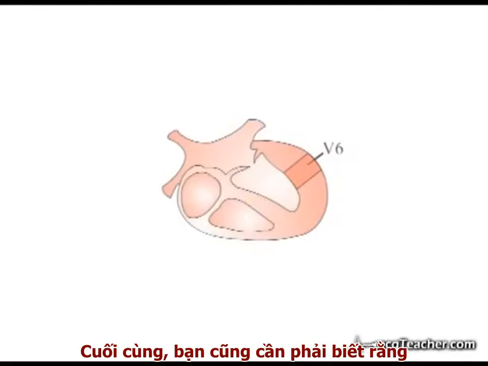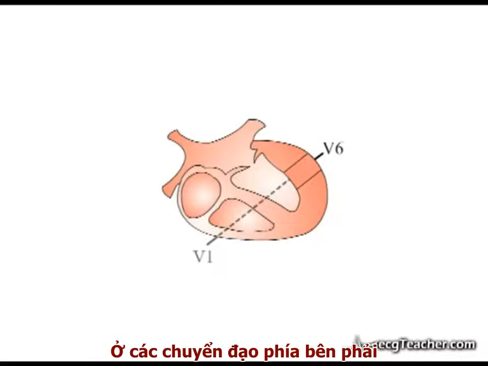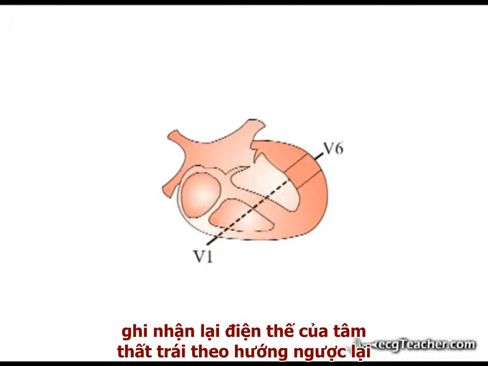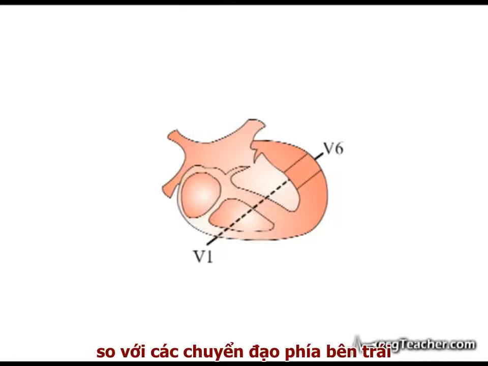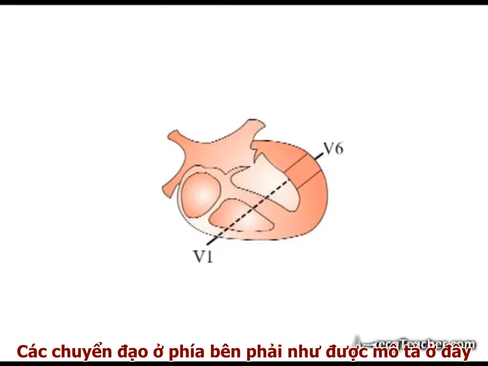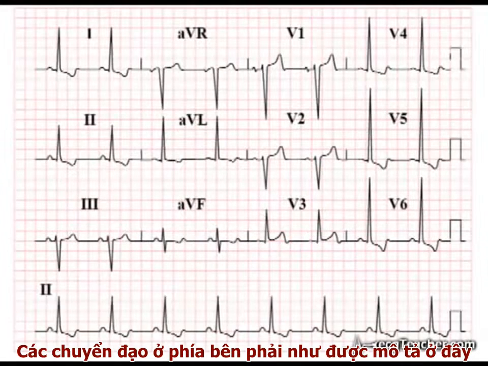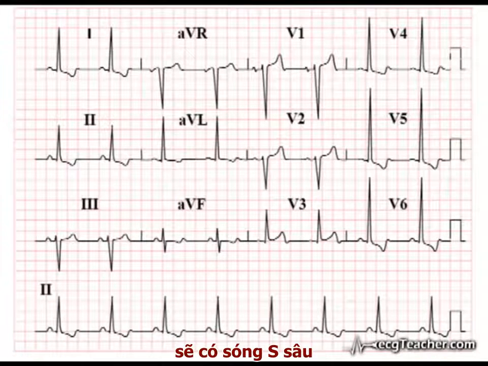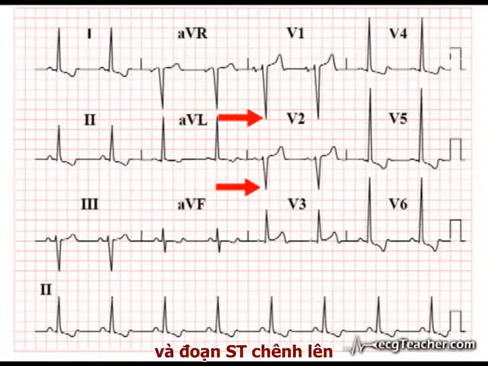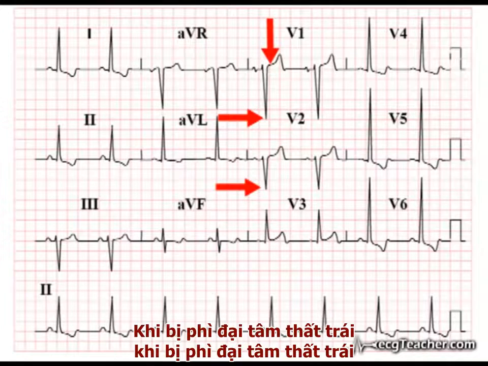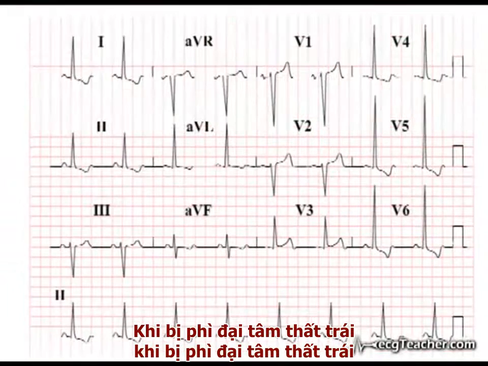Finally, you should also note that as the right-sided chest leads record events in the left ventricular wall from the opposite perspective to that of the left-sided leads, the right-sided chest leads may, as illustrated here, demonstrate deep S waves and ST segment elevation in the presence of LVH.